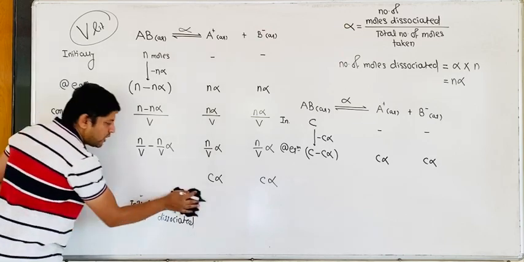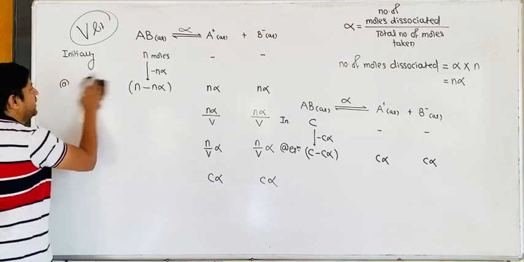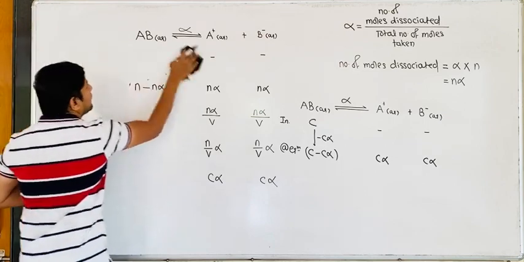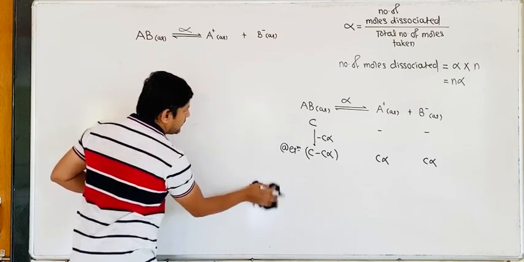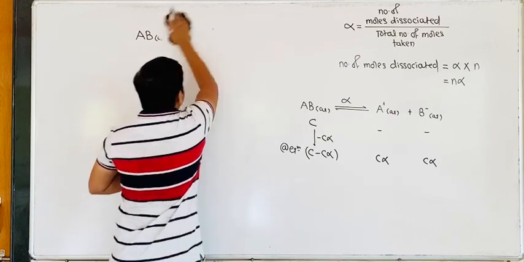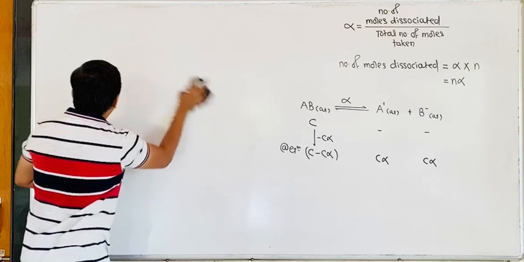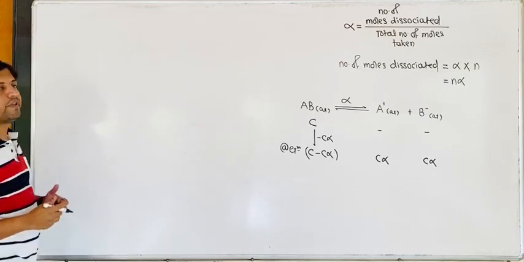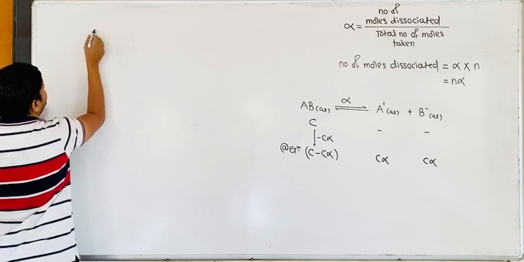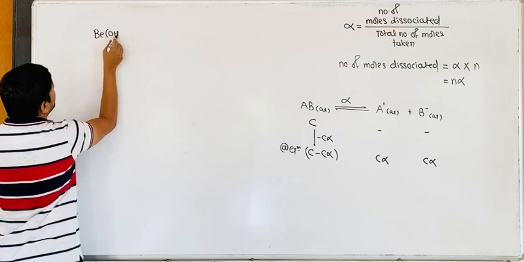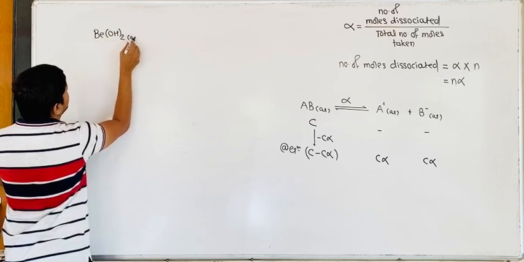Now consider one more example with different stoichiometry. Consider an electrolyte like Be(OH)2, which is a weak electrolyte.